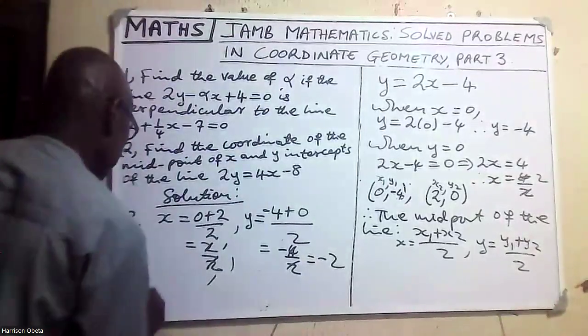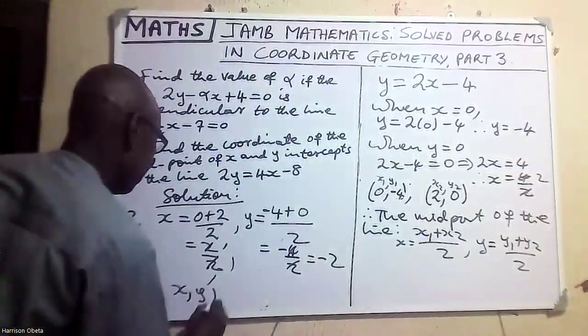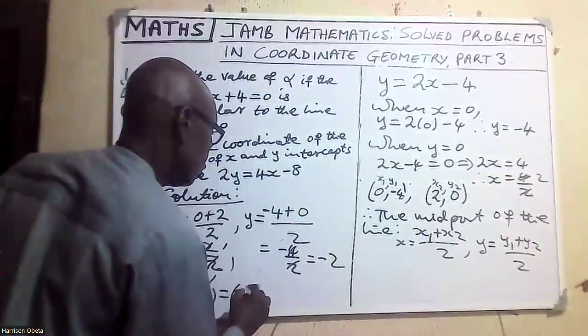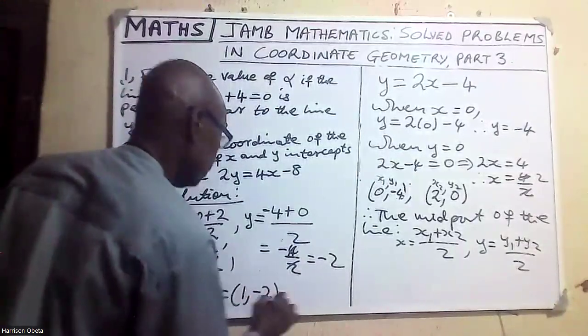So it means that x comma y, which is the midpoint, is equal to 1 comma minus 2.